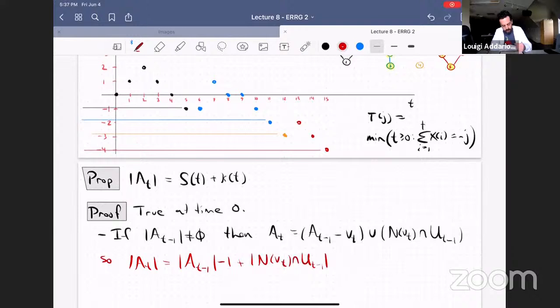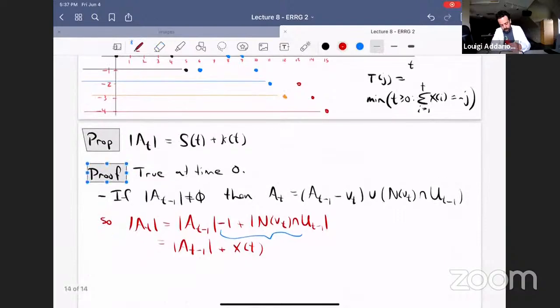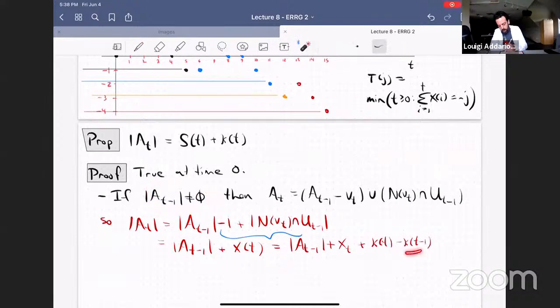That difference is xt. And that's the same as At minus 1 plus xt plus kappa t minus kappa t minus 1, because in this case we're not finishing the exploration of a component, so this difference is 0.